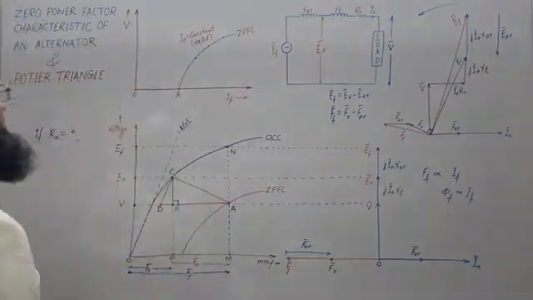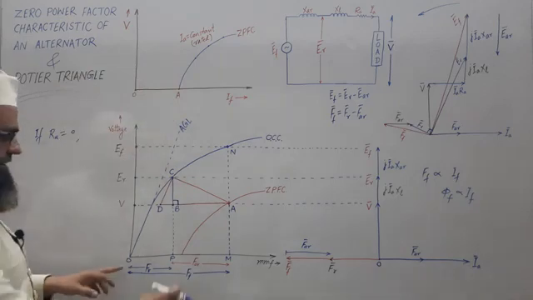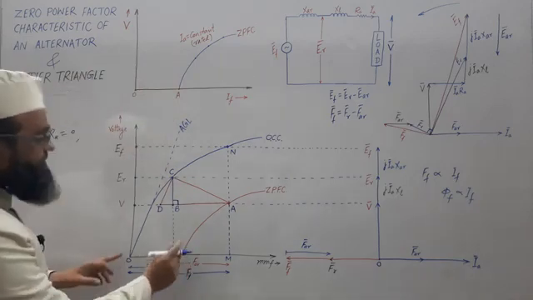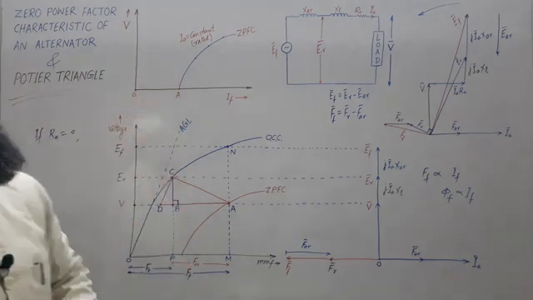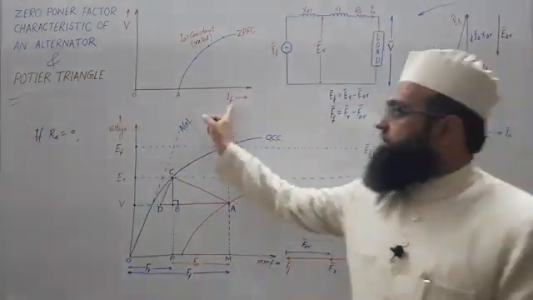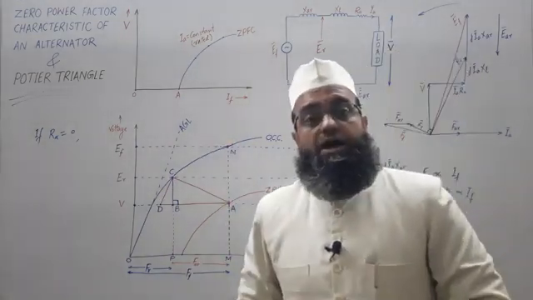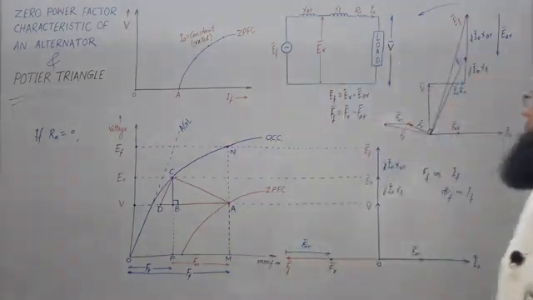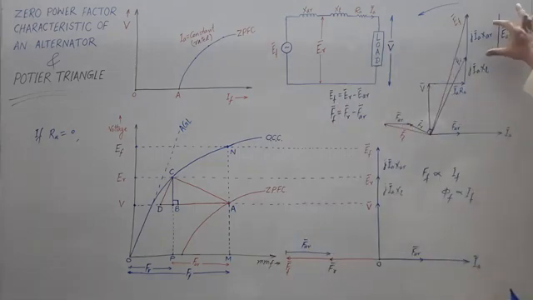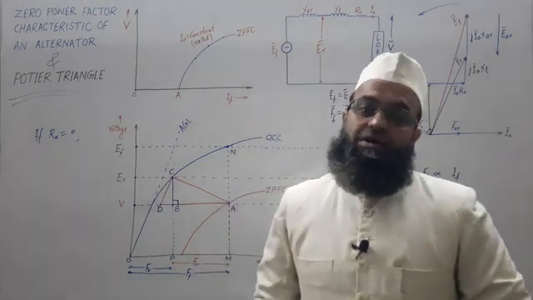You may observe this length OA in ZPFC. Here you may mark any point. This corresponds to the field excitation IF required to overcome the two drops, IAXAR and IAXL, that is the armature reaction drop and the leakage drop.